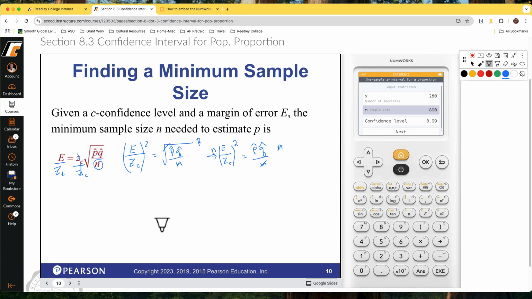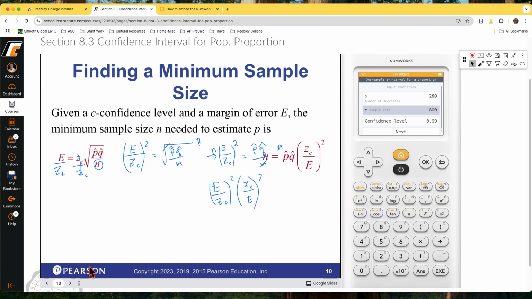So you take E over z sub c squared times z sub c over E squared. These will cancel each other out, or give us a value of 1. And so that gives us our final formula.